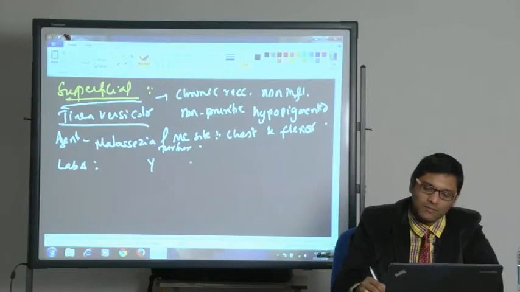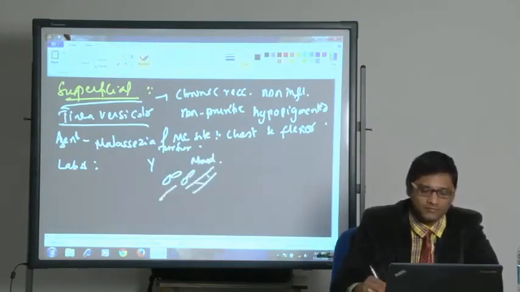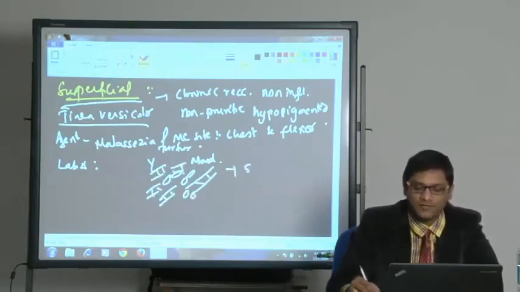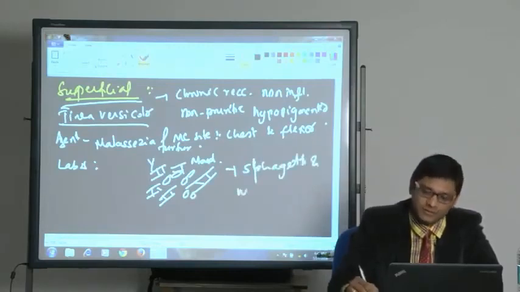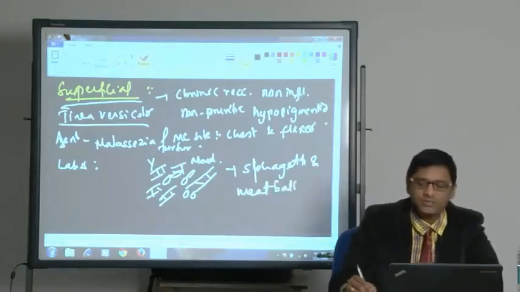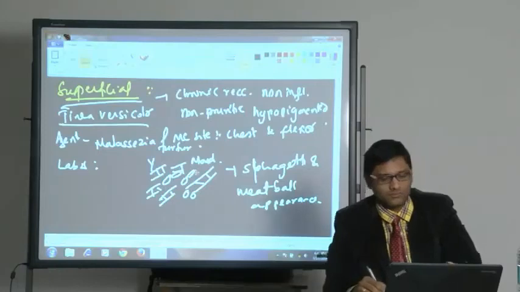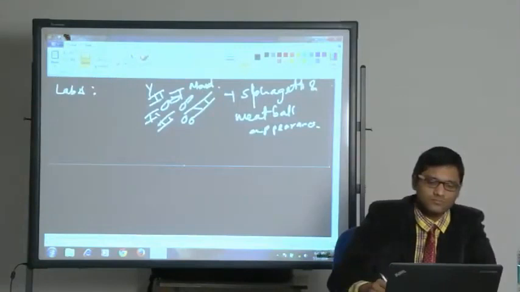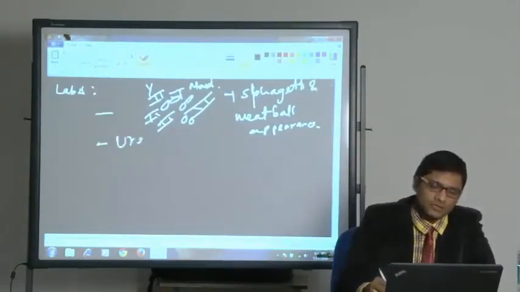Malassezia furfur exists as both yeast and mold form, and the yeast forms lie in between the mold hyphae. Yeast form and mold form both exist together, and this gives rise to the spaghetti and meatball appearance. Apart from that, it is a urease positive fungus.